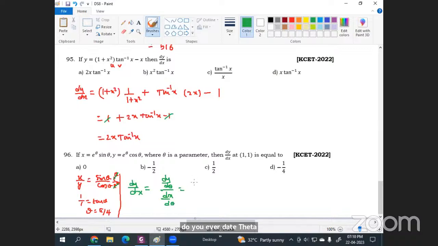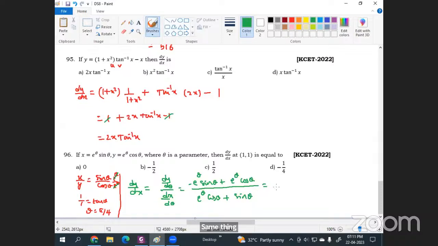Dy by d theta equal to e power theta sin theta plus e power theta, derivative is e power theta cos theta, by dx by d theta is e power theta cos theta, then plus sin theta.